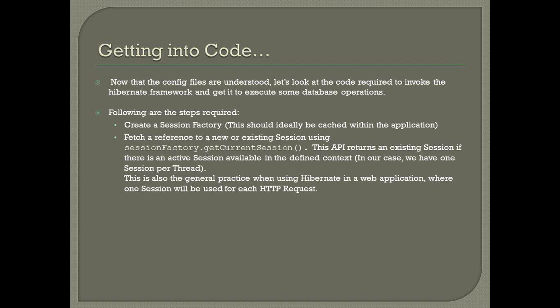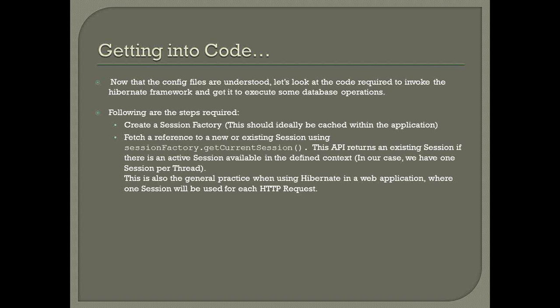Now, the most important thing here is the meaning of the word context. Let's take a web application, for example. In a web application, you generally take a database connection from a pool for every request. Whenever a new HTTP request comes into your application, you take a connection from the pool, execute whatever statements you'd like to, and then return the connection back to the pool after committing your data.